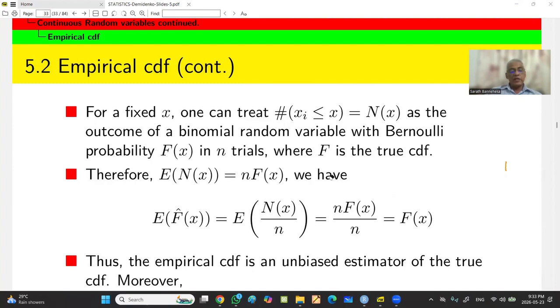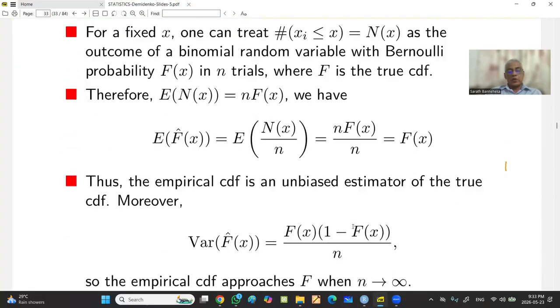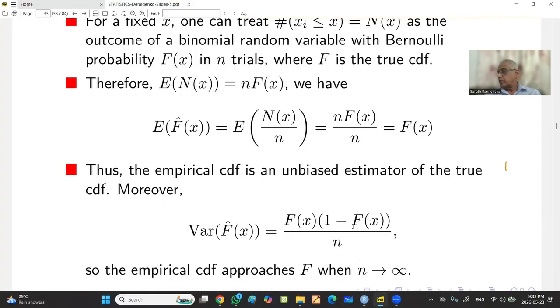Now let us look at the variance of this F hat at x. What is the variance of a binomial random variable? As I mentioned, it's going to be n times theta times 1 minus theta.